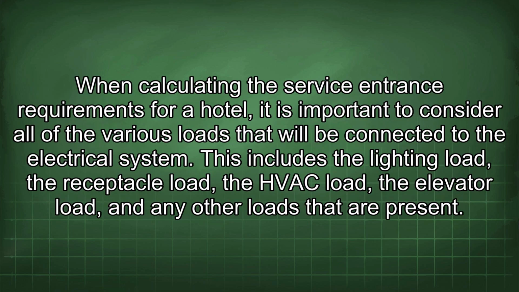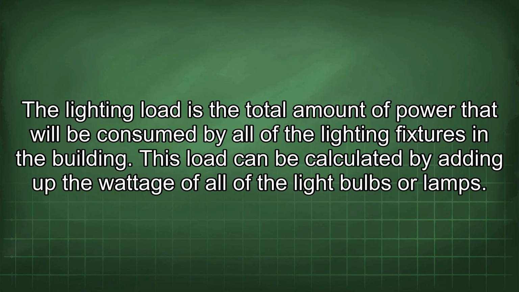When calculating the service entrance requirements for a hotel, it is important to consider all of the various loads that will be connected to the electrical system. This includes the lighting load, the receptacle load, the HVAC load, the elevator load, and any other loads that are present. The lighting load is the total amount of power that will be consumed by all of the lighting fixtures in the building.